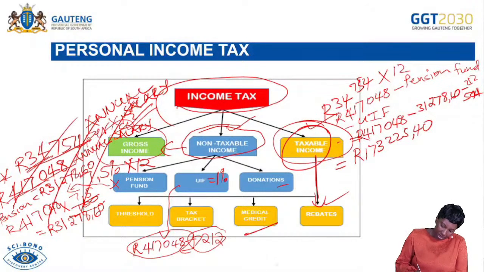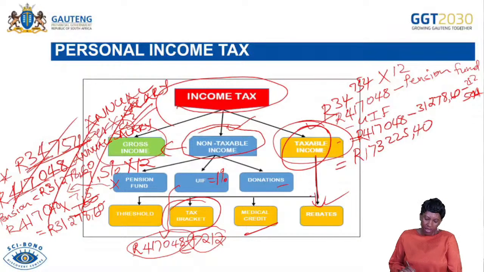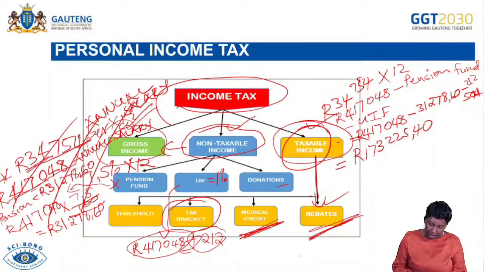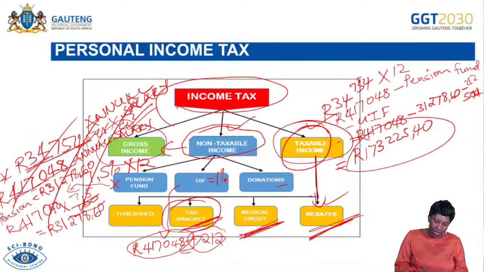And then from there, boys and girls, we also have the tax bracket. Now, before we can subtract the medical tax credit and the rebates, we must go to the tax bracket. Which tax bracket do I fall under? I will check my money and then I'll say which tax bracket do I fall under.